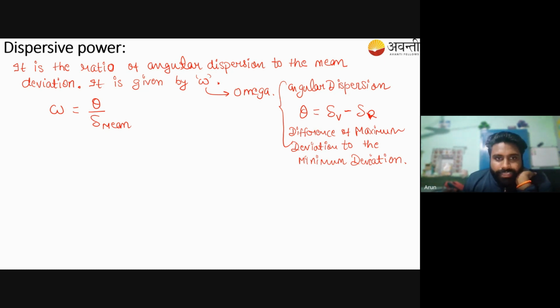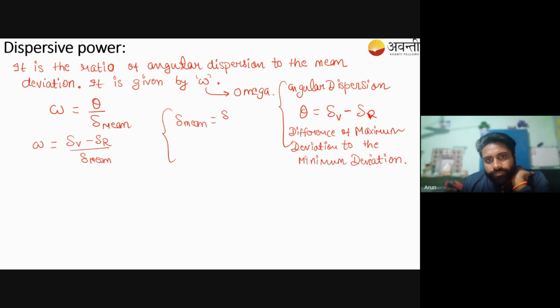So how do we calculate this delta? You can write omega is equal to, what is the value of theta? It is del v minus del r divided by del mean. So how do you calculate this del mean? Del mean is the sum of greatest deviation with the minimum deviation divided by 2.